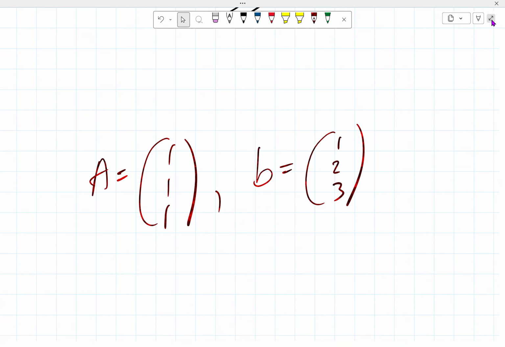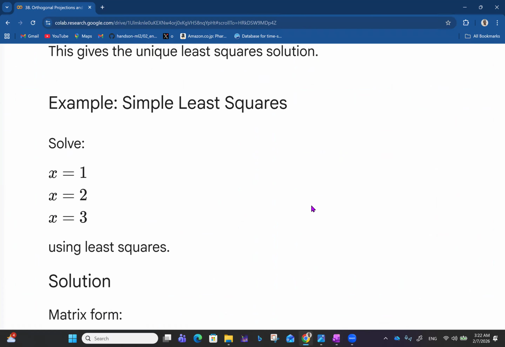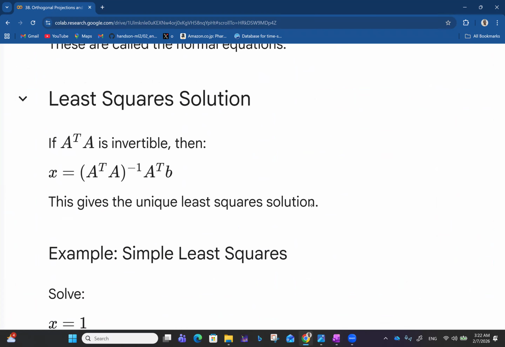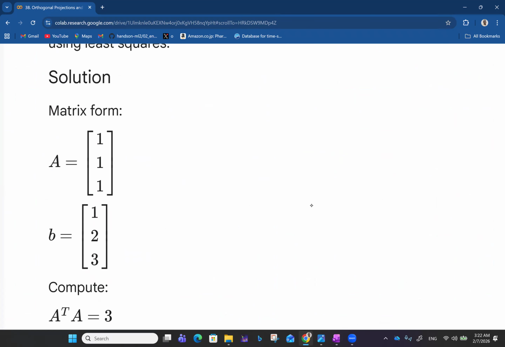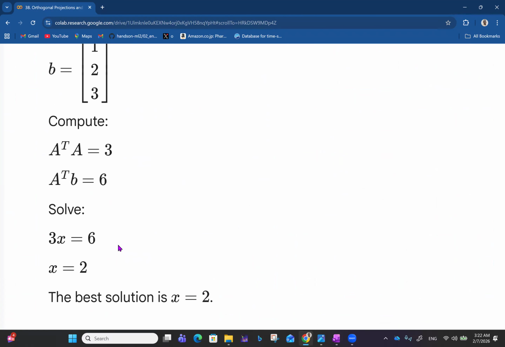Based on what we need to do here, X will have to be A transpose A inverse multiplied by A transpose B. A transpose A gives 3, A transpose B gives 6. And at the end of the day, the best solution is 2.